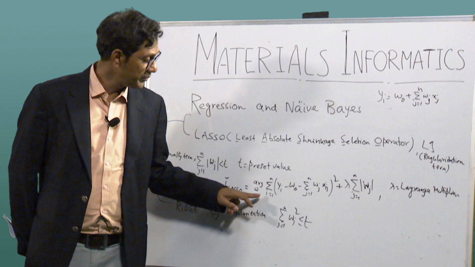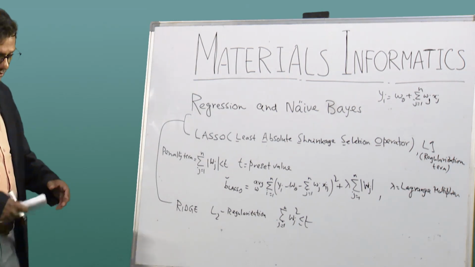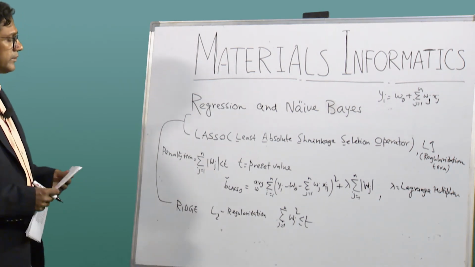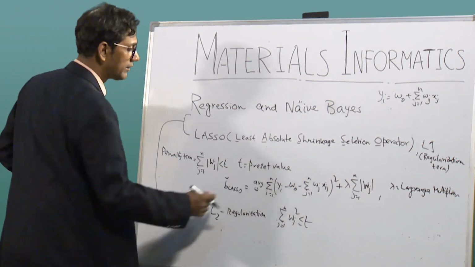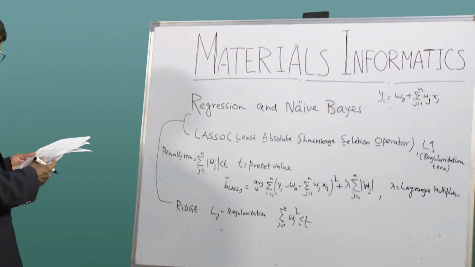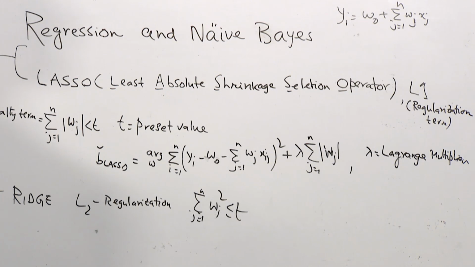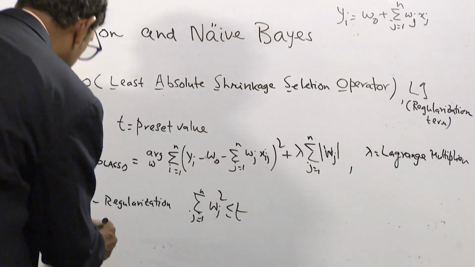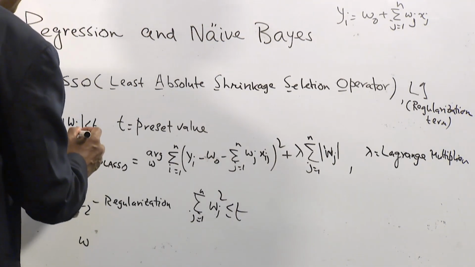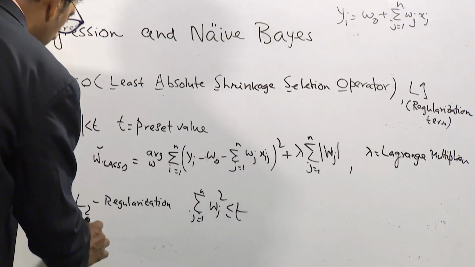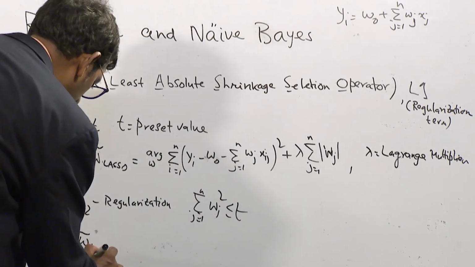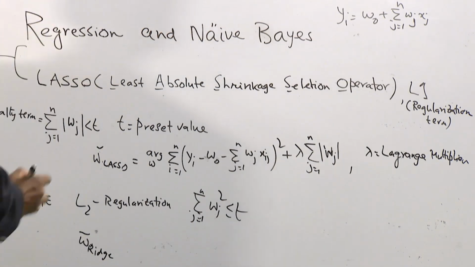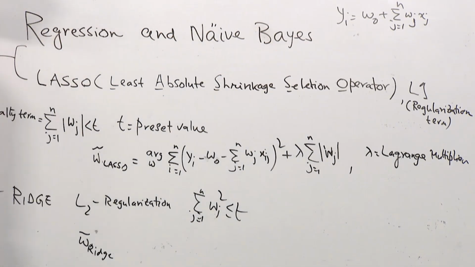So, this then has to be added with the objective function. What do you do? We add that term with this. So, in order to save space, I simply write w tilde Ridge, the optimized values of w by Ridge. The moment I put a tilde, I am saying optimum values of w.